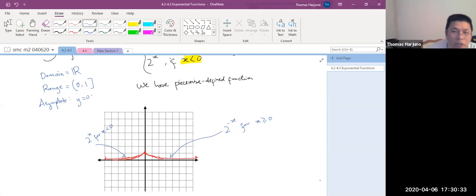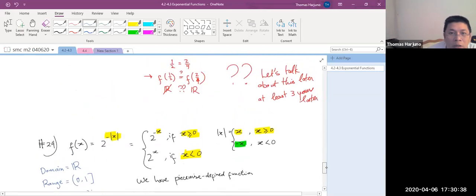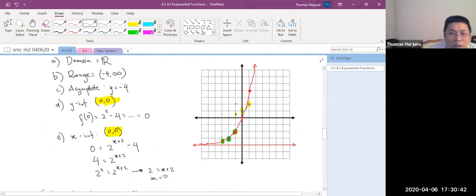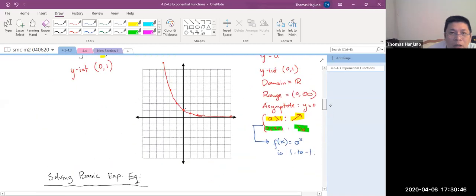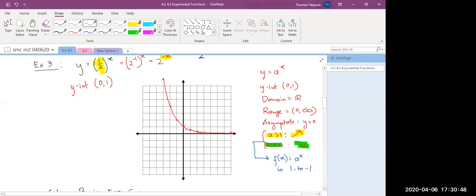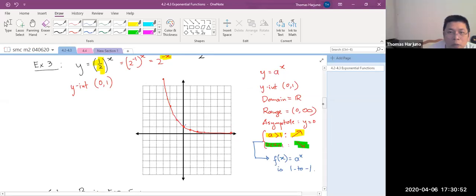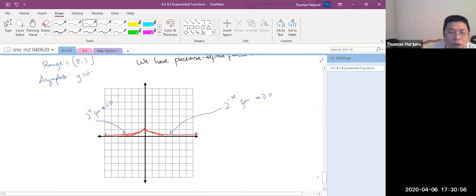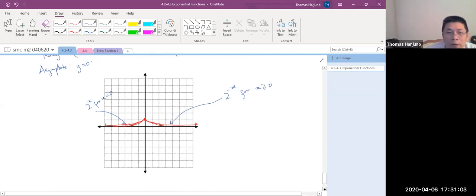In our previous exponential functions, the basic exponential functions, the graph goes to the asymptote only at one side, like in this case, only on the left-hand side, and the one here goes to the asymptote only on the right-hand side. But the most recent one has an asymptote going both ways.